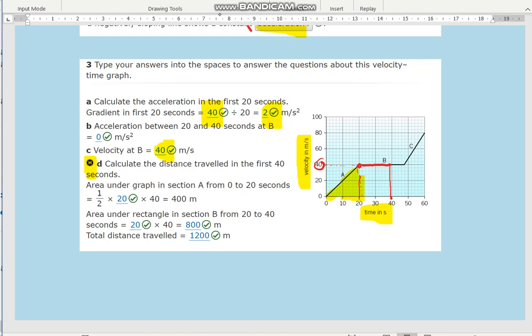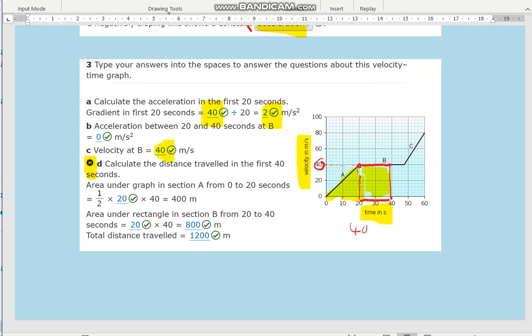The area under the rectangle in section B from 20 to 40, we're now looking at this rectangle here.